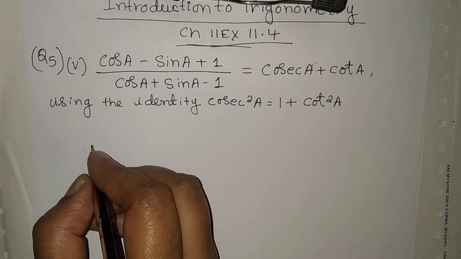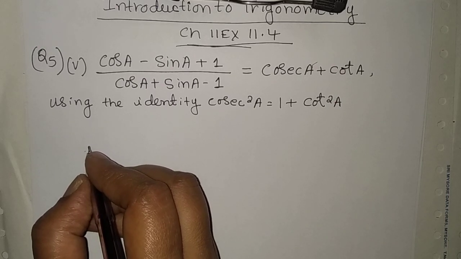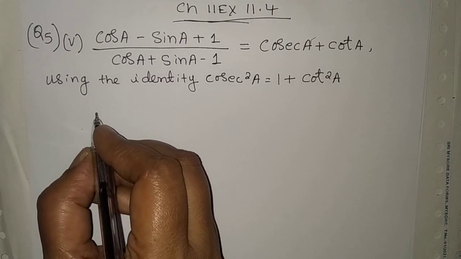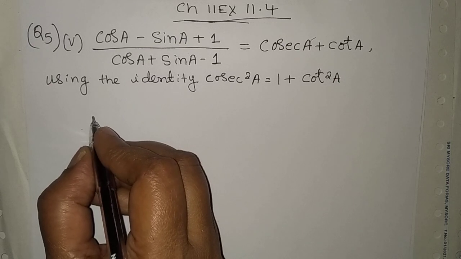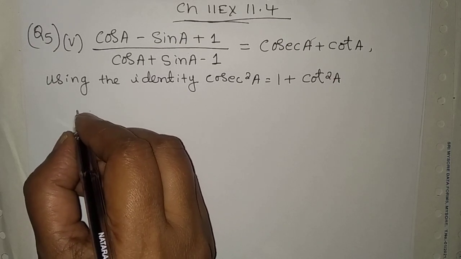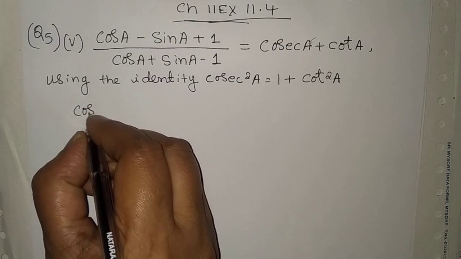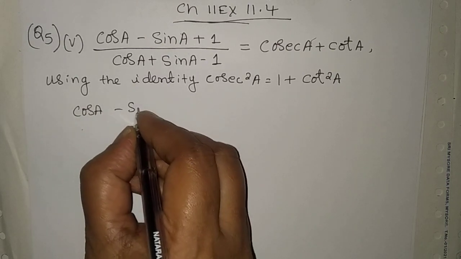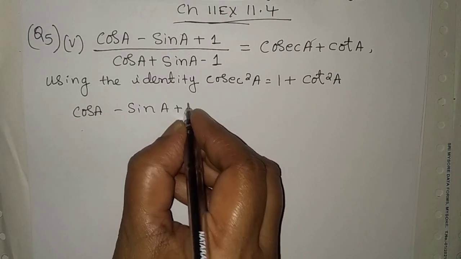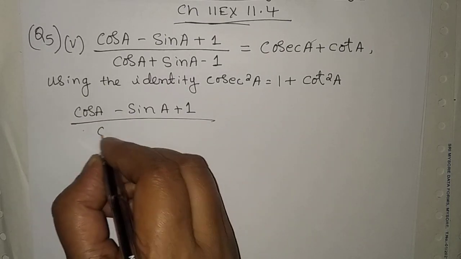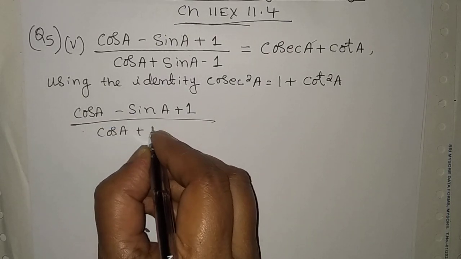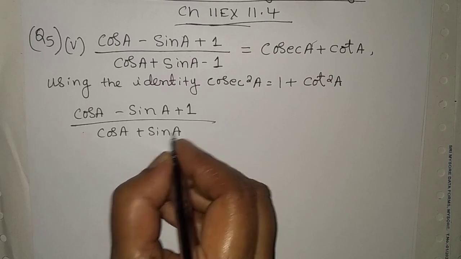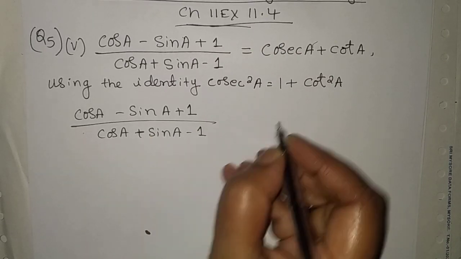So the first step: I will write the problem once again. (Cos A minus sin A plus 1) by (cos A plus sin A minus 1).